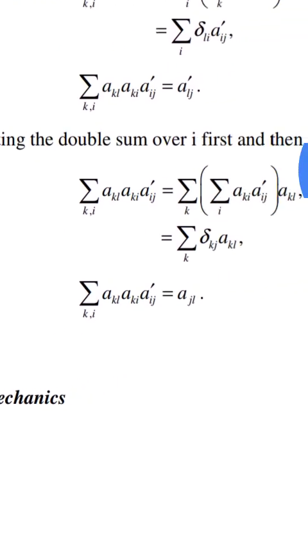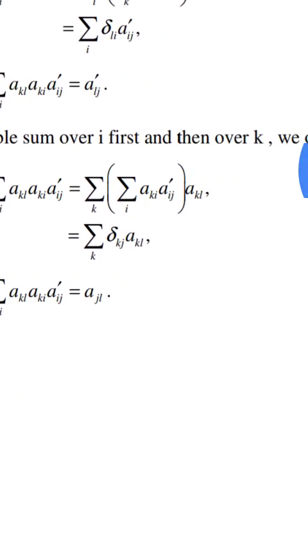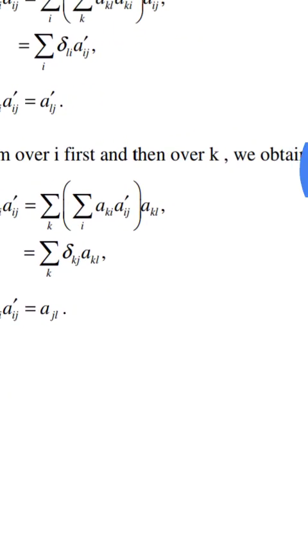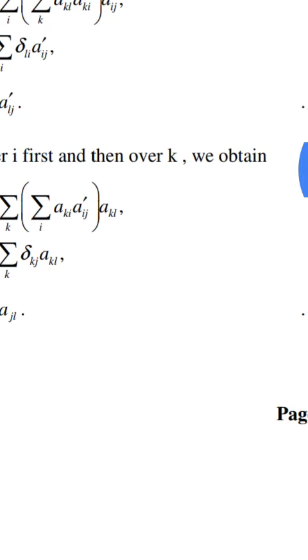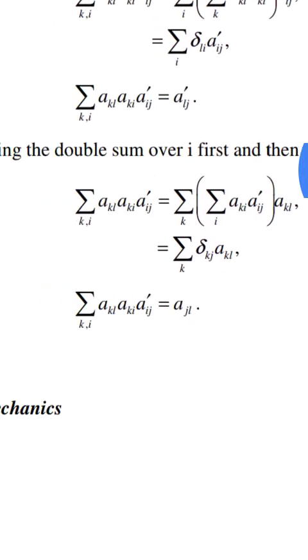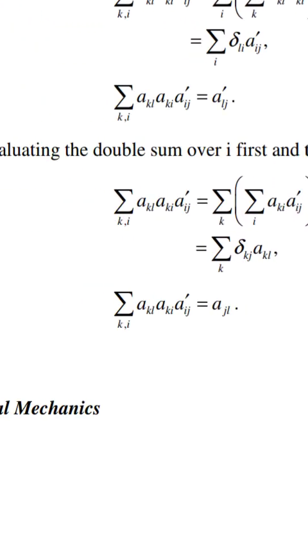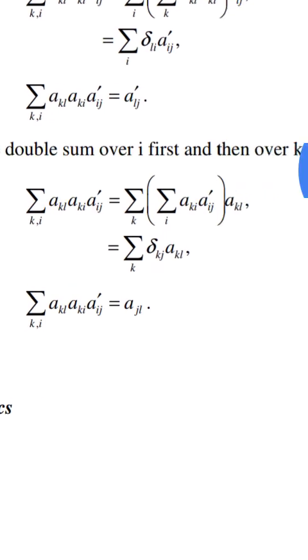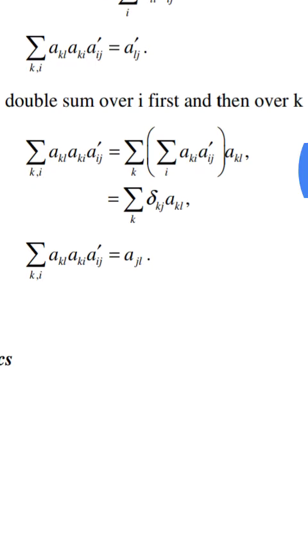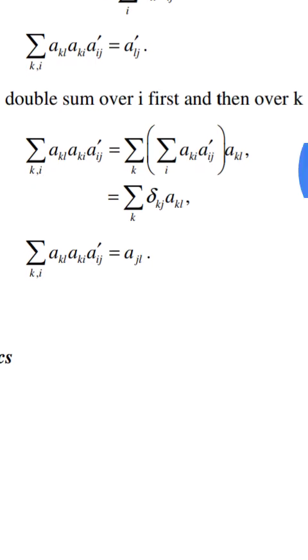Now evaluating the double sum over i first and then over k, we obtain the summation of Aki, Akj, Aij dash is equal to the summation of Aki, Aij dash, Akj is equal to delta kj, Aki.